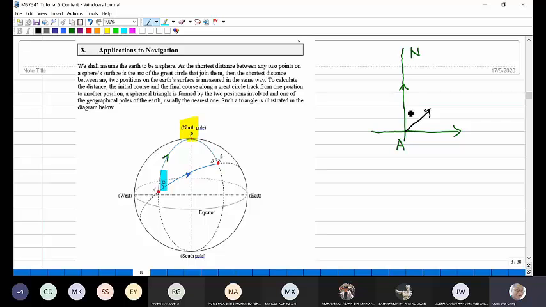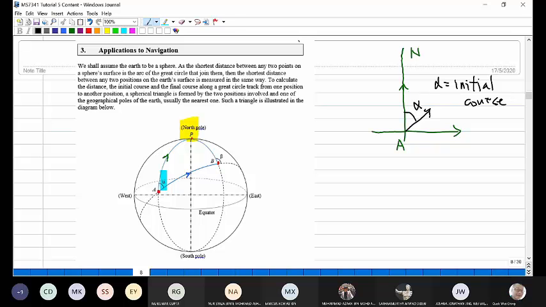This alpha gives you the initial course. So we call alpha the initial course. This is the direction the ship is trying to move, measured from the North Pole.